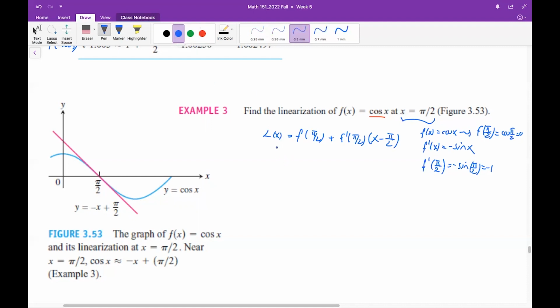Okay, let's insert this information here. f of pi over 2 is computed as 0. This is computed as minus 1. So minus 1 times x minus pi over 2. That's why the linearization function is minus x plus pi over 2.